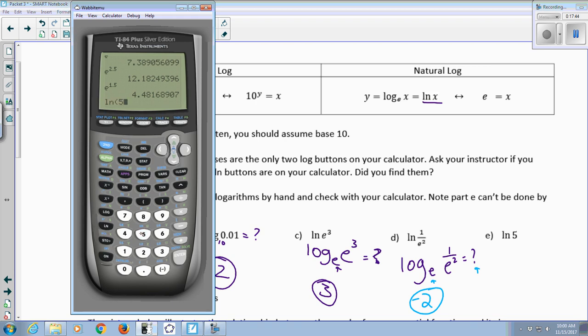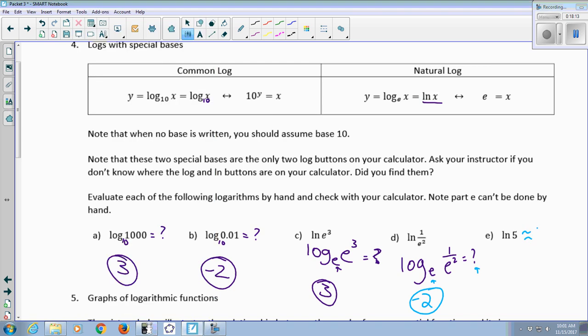The ln of 5 is 1.609. So I can check that that is actually the exponent by doing E to 1.609. I'm going to type in all these decimals. And I get something super close to 5, and it doesn't quite hit 5 because the calculator had to chop off the decimals there. But this is approximately 1.609.